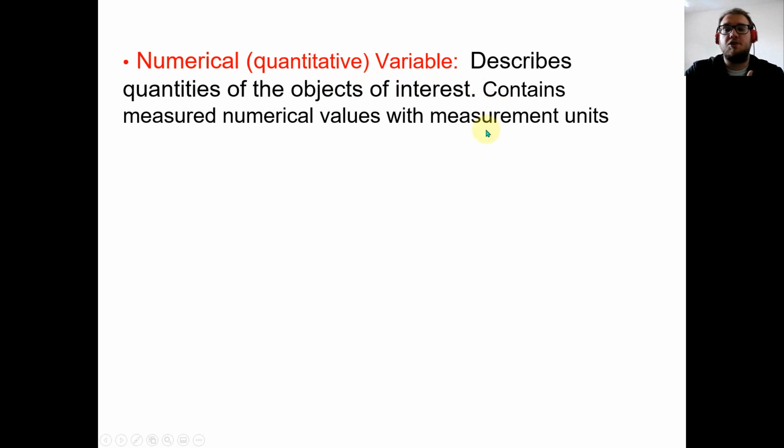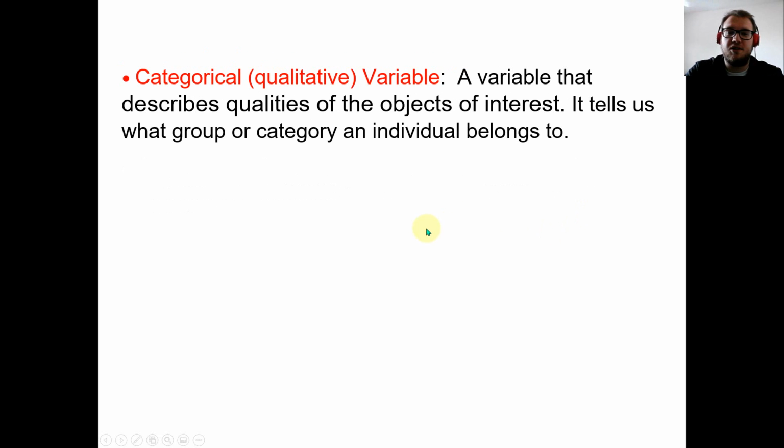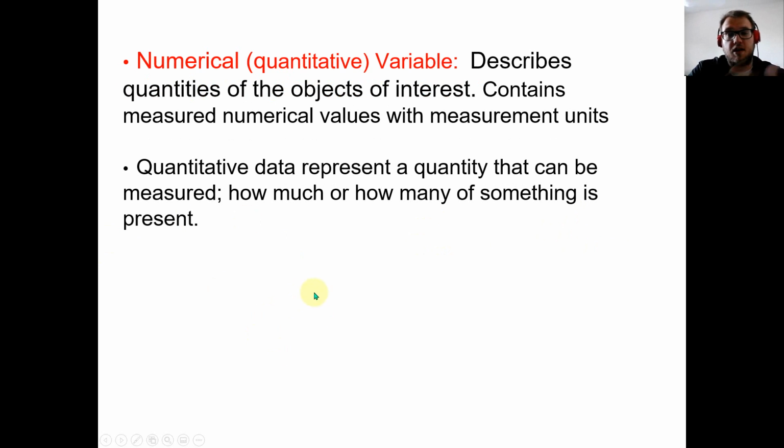They're the same thing, which describes the quantities of the objects of interest. These contain numerical values with measurement units. So quantitative data represents a quantity that can be measured, how much or how many of something is present. A couple of examples we talked about earlier: weight, height, price of an object, and so on.